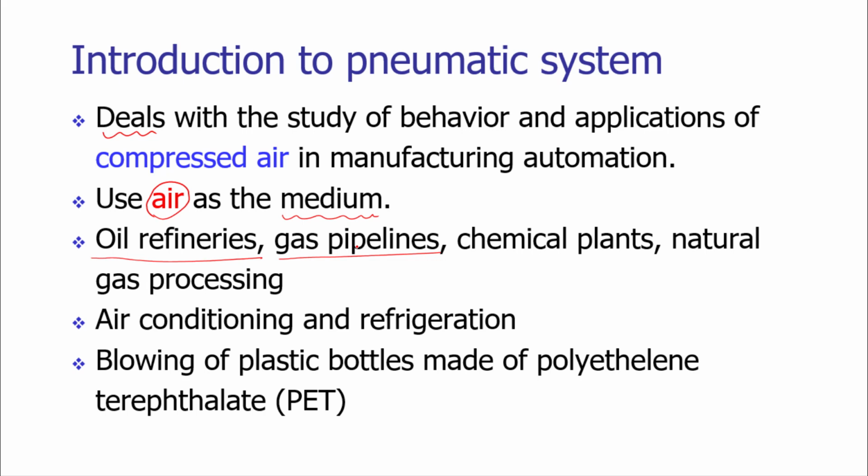Basically in chemical plants and the petrochemical industry, it is very essential to ensure the safety of the system and the human beings operating it. In the petrochemical industry, we cannot use electrical energy, as it may lead to generation of sparks, and that may not be safe for the processing application. So in these situations, compressed air, which is harmless, the chilled compressed air or the compressed air at normal temperature, will be very useful for sensing applications.